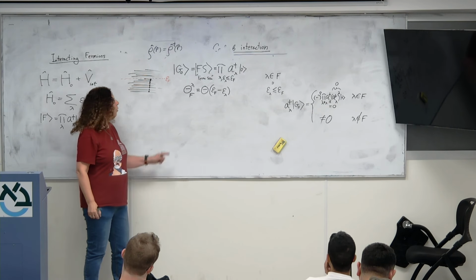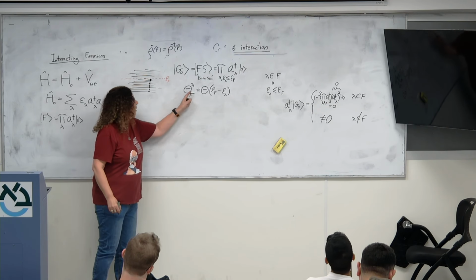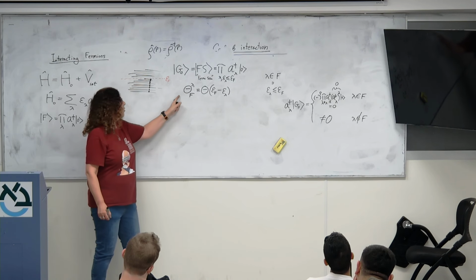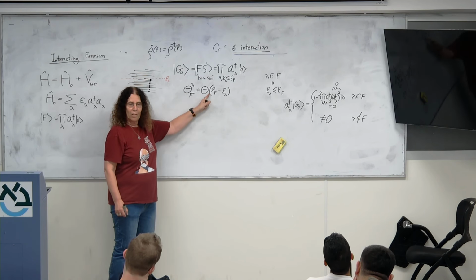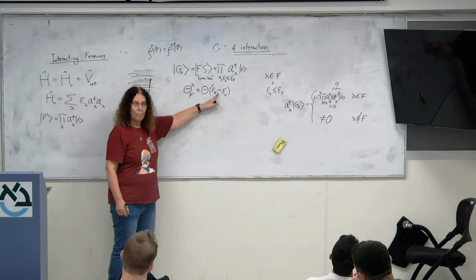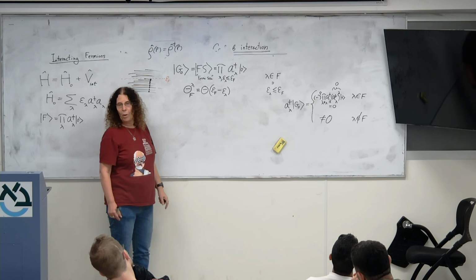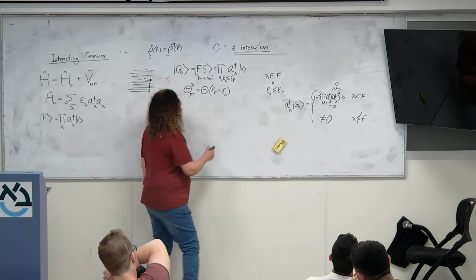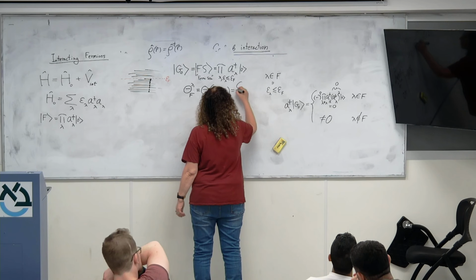I just write it like this for shortcut. It is going to be 1 if epsilon lambda is smaller than E Fermi, and 0 otherwise. Let's write it explicitly.